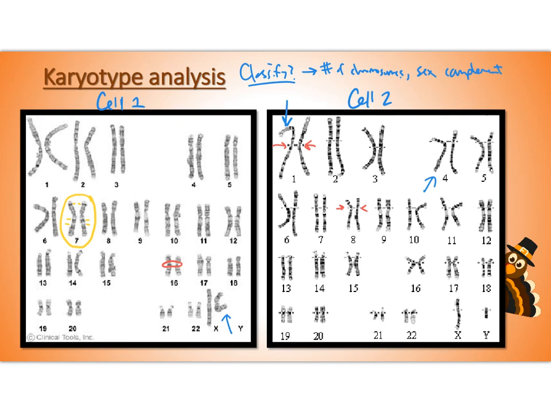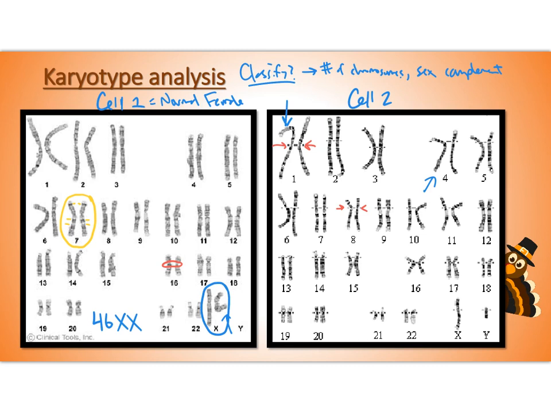So, for instance, this one on the left here, cell number 1, this would be a normal female. And the way we know that is if we skim this whole thing, we're going to see a total of 46 chromosomes, and we're going to notice that it has 2 X chromosomes. So we would classify this one as 46XX, which would be a normal female.